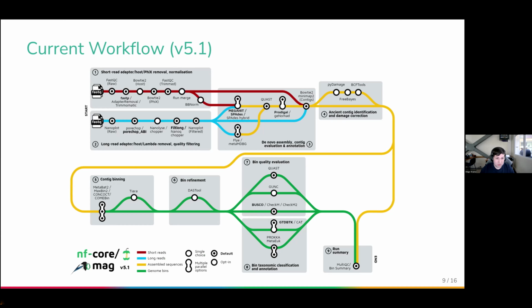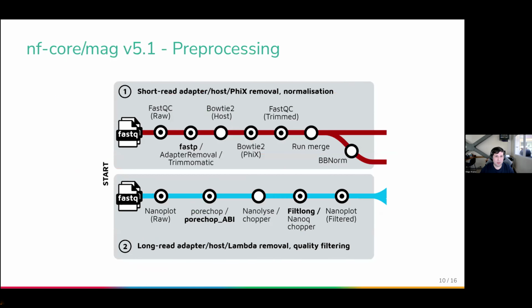I'm going to go into detail on each of these parts. Starting, we have the preprocessing module separated for short reads and long reads. Each one has its own set of tools to perform the preprocessing.